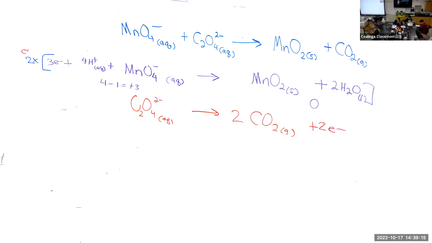And then I need to multiply this by 3. Because your electrons have to balance out, they have to be the same. So if you have those twos out there and you have three up there, that makes sense.